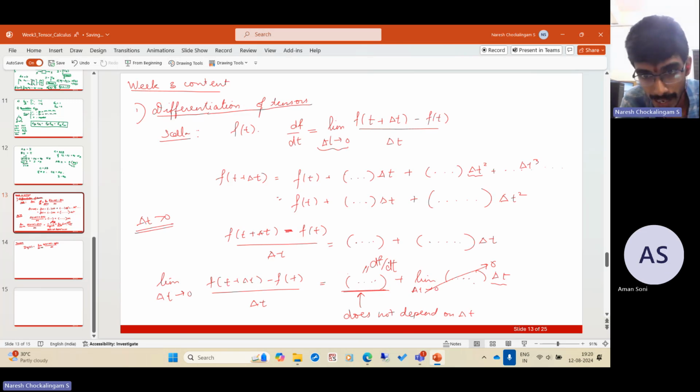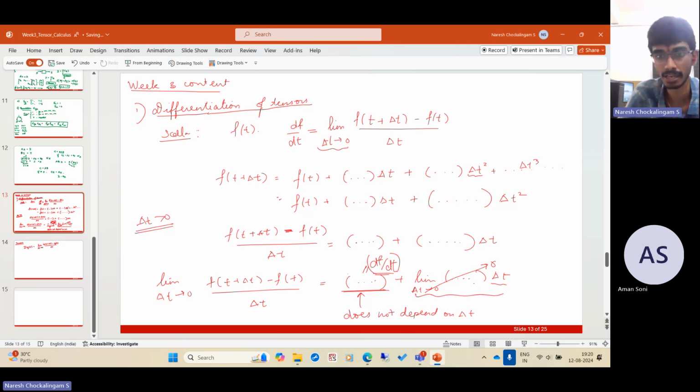So df by dt is the quantity such that f of t plus delta t minus f of t by delta t can be expressed as a sum of this plus certain other terms which vanish faster than delta t. So as you shrink delta t to approach 0, these terms will vanish, whereas this will not.